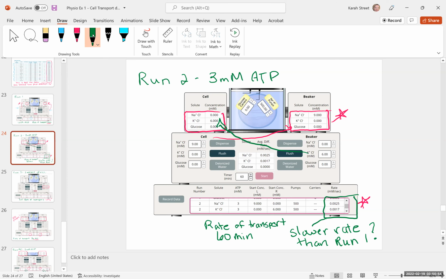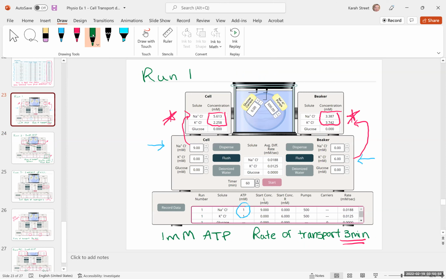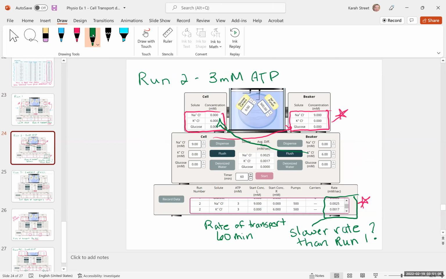That's different than run one. In run one, we ran out of ATP after 3 minutes, and we did not get to full movement of these solutes.